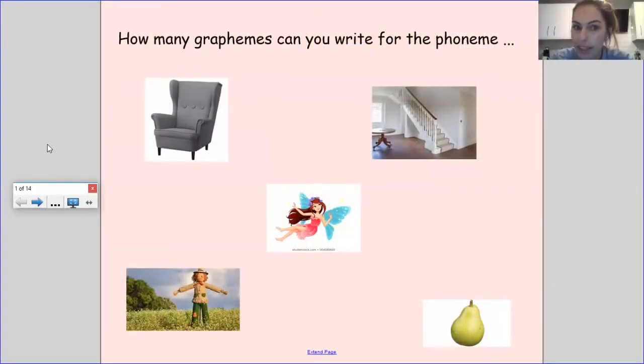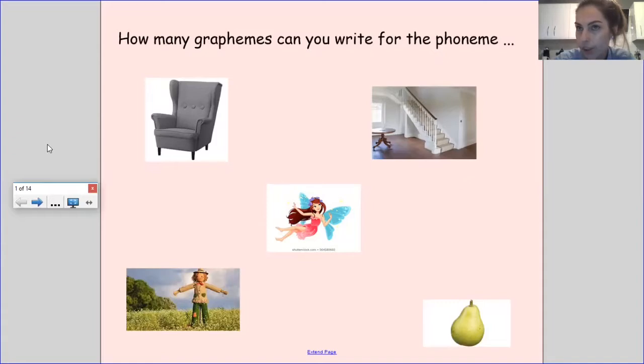Okay, are you ready for our grapheme phoneme game again? How many graphemes can you write for this phoneme? Now, if you have a look at the pictures, in fact, if you want to have a go on your own, pause the video here, but if not, I'll talk you through some of the pictures. Okay, so we have chair, we have stair, fairy, pear, scarecrow.